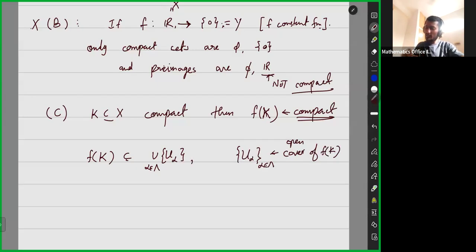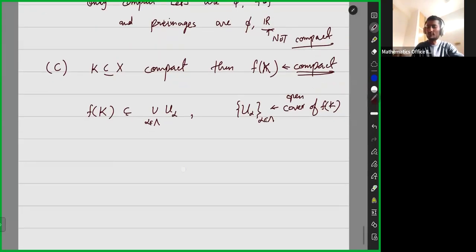Now from here we should get a finite subcover. Since K is compact, we have to use that.